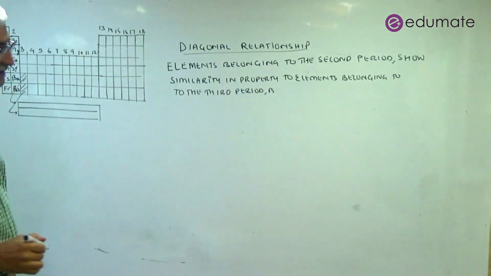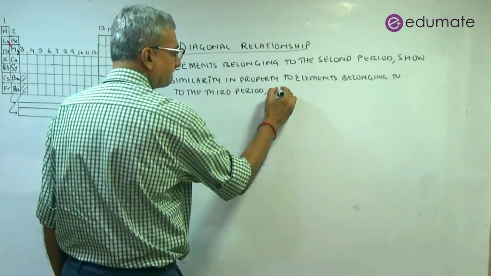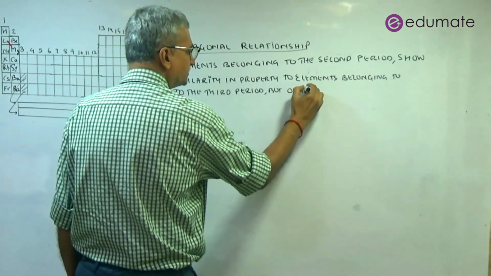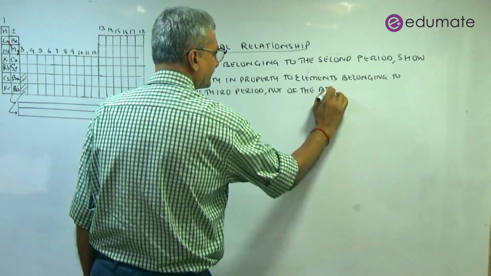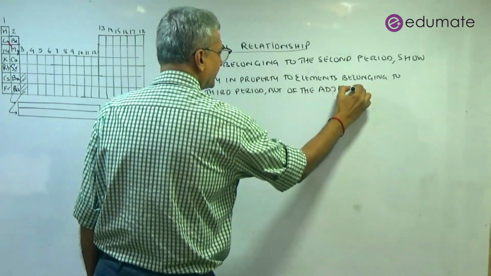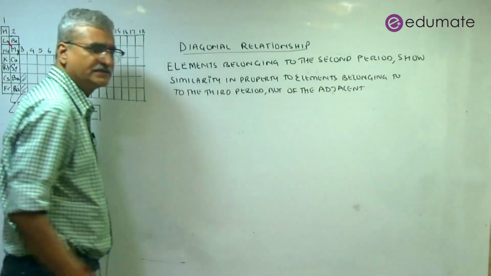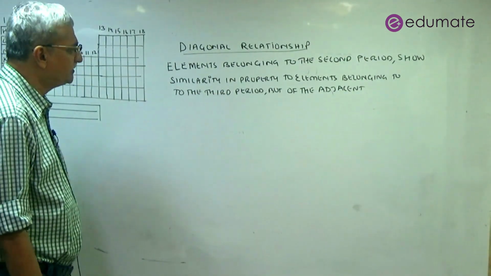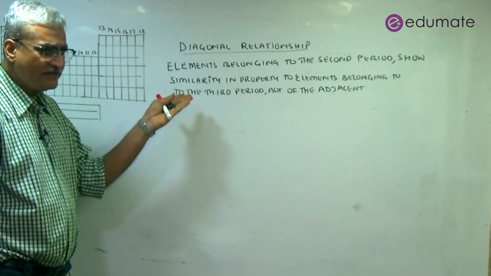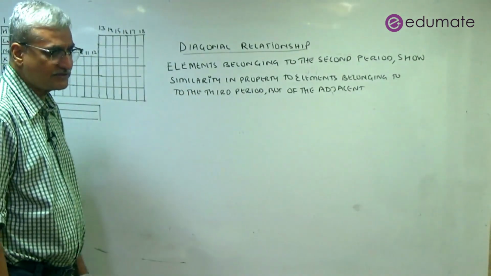That's why it's called diagonal relationship. In fact, this could be a question in your school or college exam, 11th standard. This will be one of the definitions asked: define diagonal relationship.